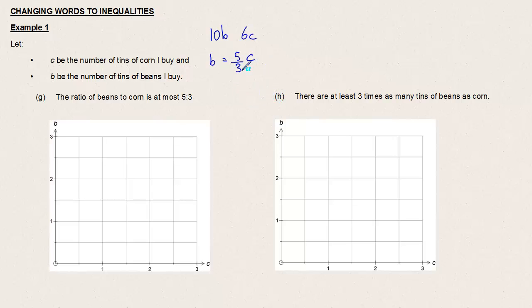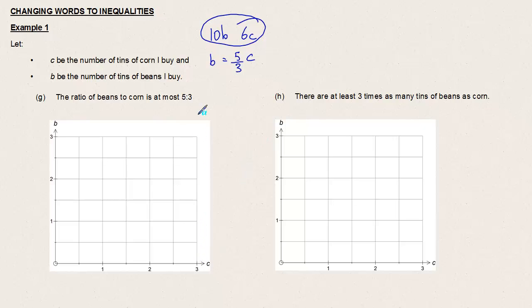So see if that works. If corn is 3, then beans would be 5. And if corn is 6, 6 divided by 3 is 2, times 5 is 10. So that works with the example we first worked with. So B is 5 over 3C.